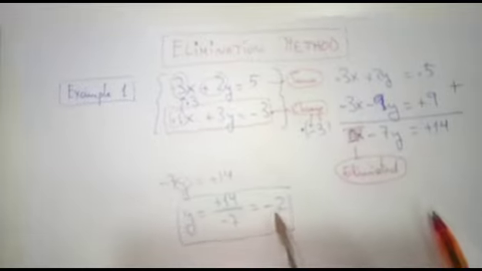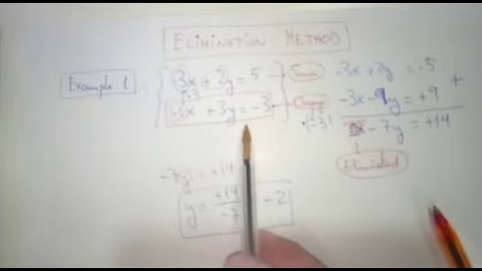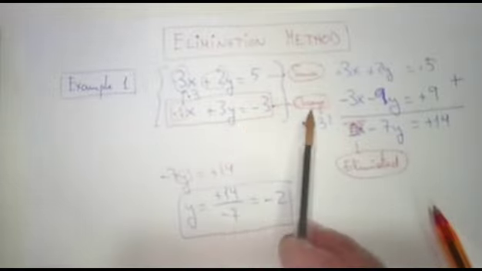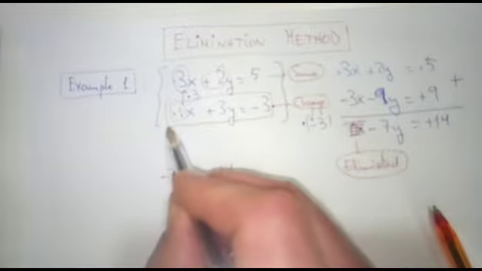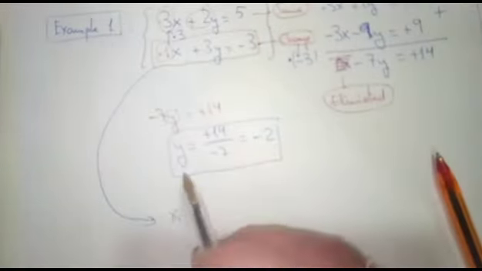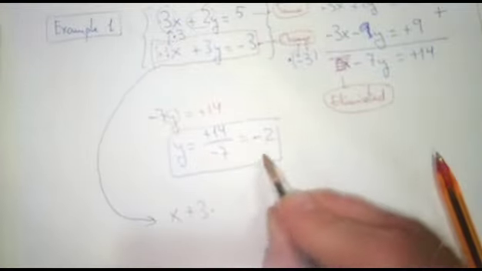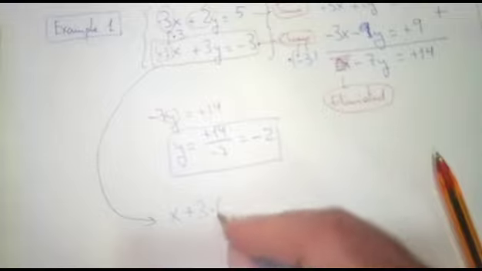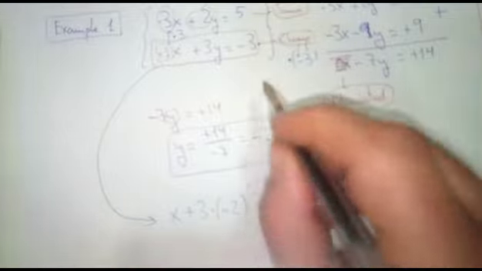The x can be found by going to the equation that we chose to change. We choose this equation again, and x is easily obtained from here, because we have 1x, or x, plus 3 times y. But y equals minus 2, so instead of y we write minus 2, and this is equal to minus 3.